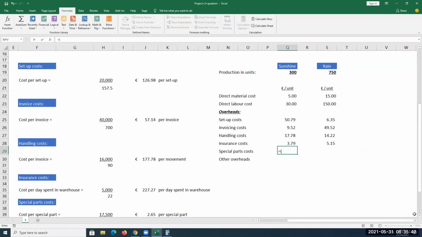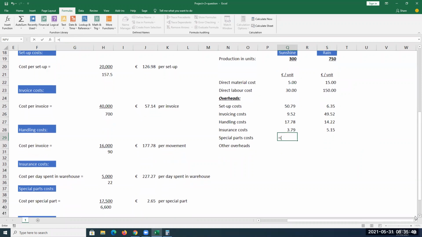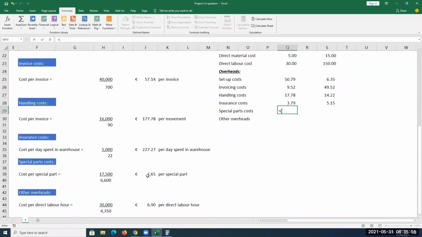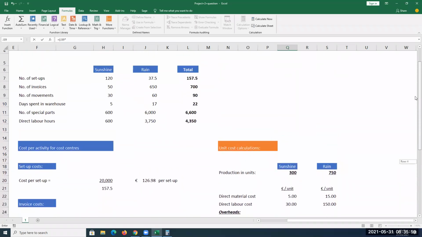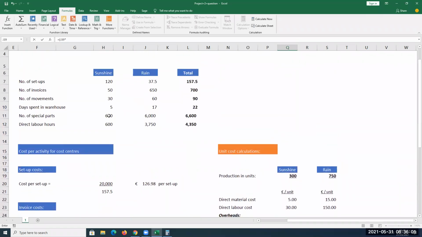Okay, same with the special parts. So how much is the special part cost? 2.65 per special part multiplied by how many special parts we need for sunshine product, 600 parts, divided by number of units.